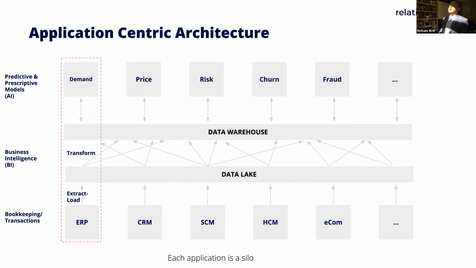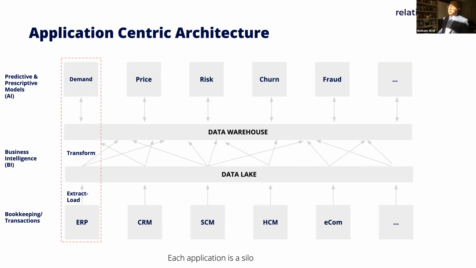And you can see in an application-centric architecture like this one, you have applications like ERP, and it's basically its own silo. You have CRM applications, you have supply chain applications, you have human capital management applications, you have e-commerce applications. I've read a statistic recently that said that a typical enterprise has something like 476 custom applications that they develop.